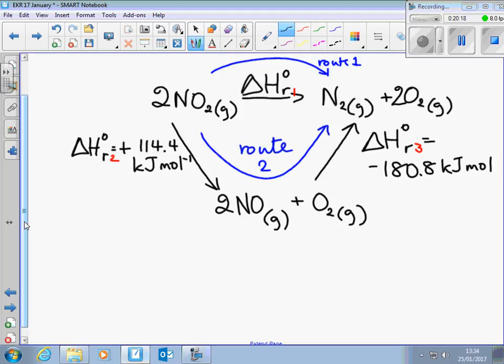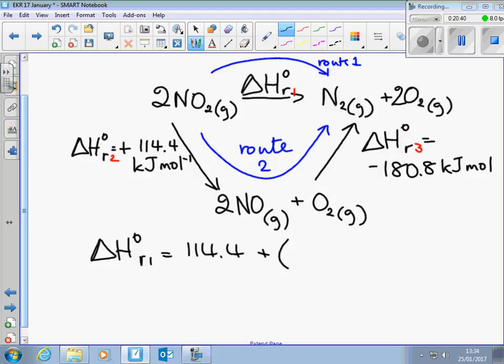It just happens to be negative, of course, but that means that our delta H naught R1 is 114.4 plus, and it's often a good idea to actually keep putting the plus and minuses in here. Although I haven't put it for that, I know.